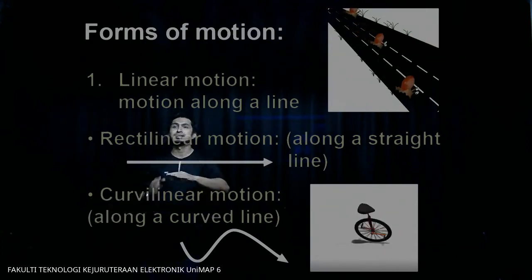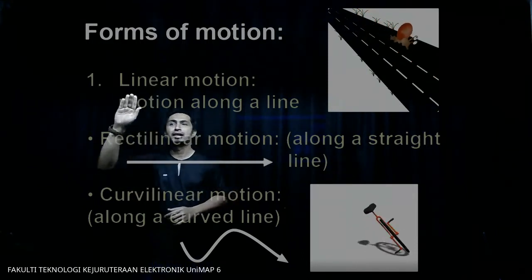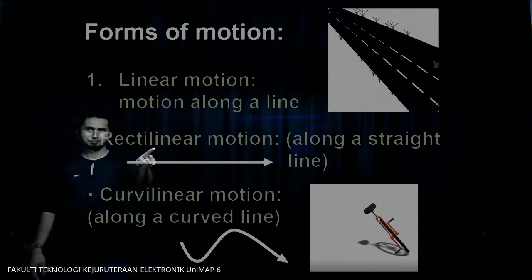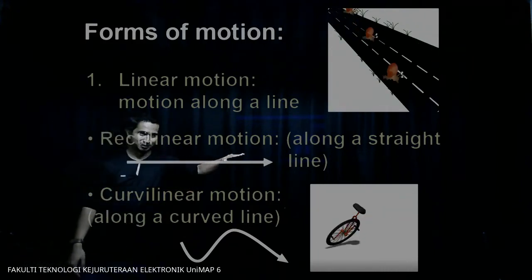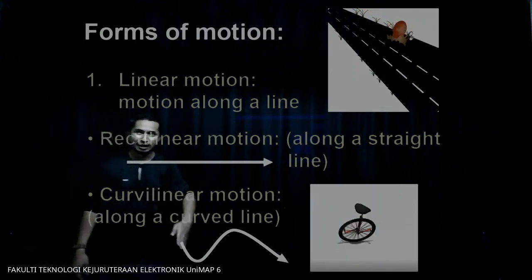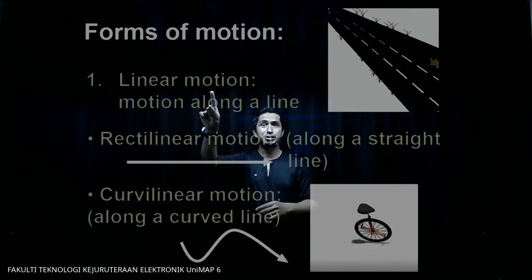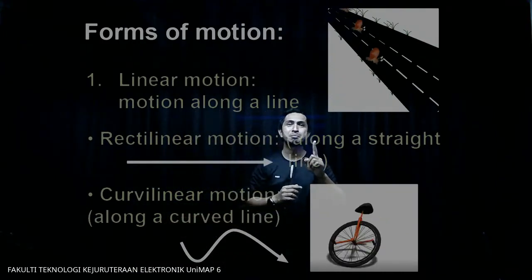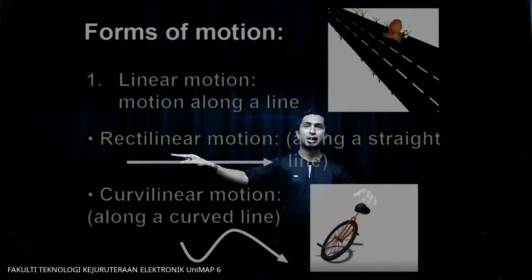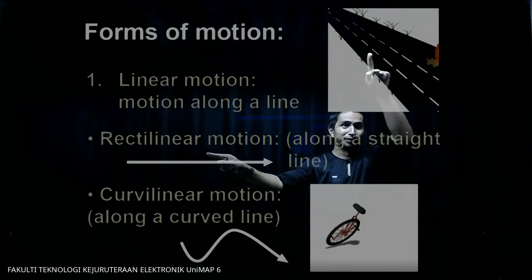Linear motion is not just a straight line, but it can be divided into 2. First is rectilinear, along a straight line, like this figure.